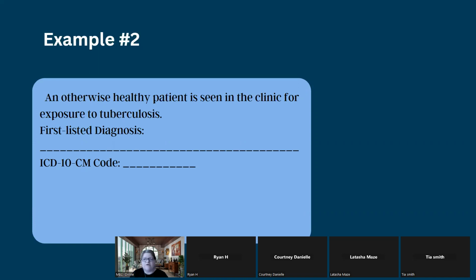So you could also consider your CPT codes that would go along with this, because on every claim you're going to have your ICD-10 codes, your diagnosis codes, and then you're going to have CPT codes that go along with it. And again, your CPTs are your procedures, your office visit, your testing, things like that.